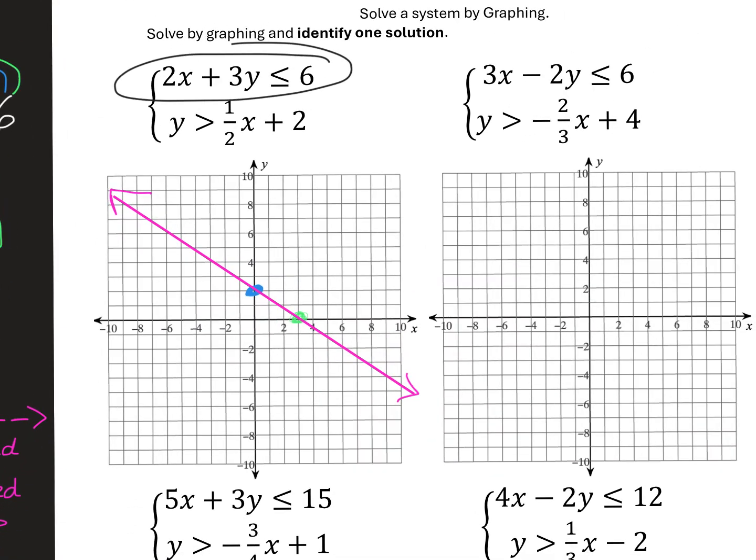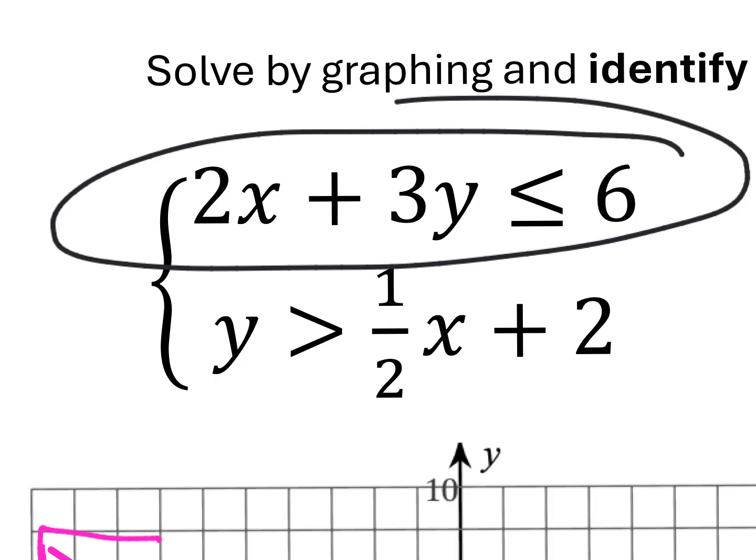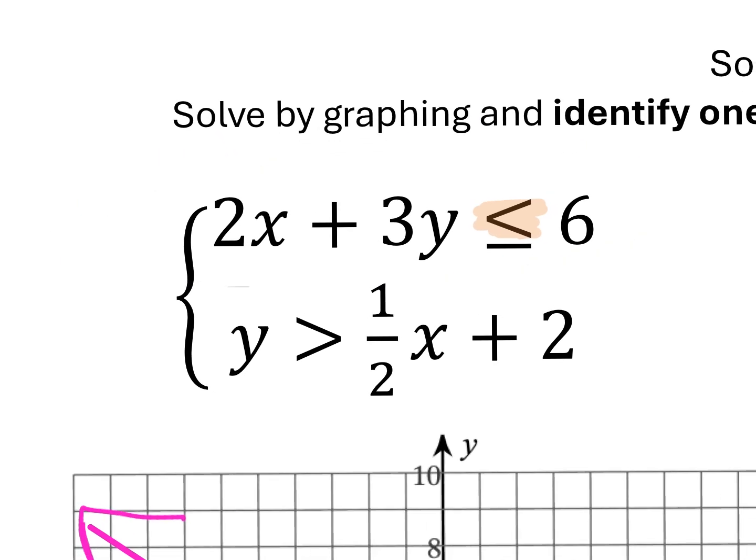And now I need to figure out whether I'm going to shade above the line or below the line. So if I look at my inequality symbol, I see it's right here. And remember, this is a less than inequality. And when we think of less than, we think of down.